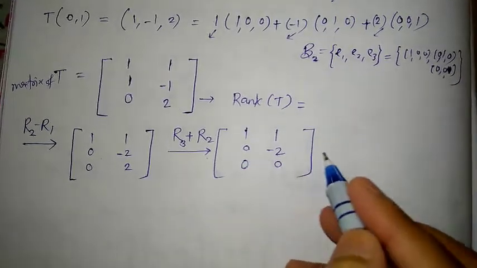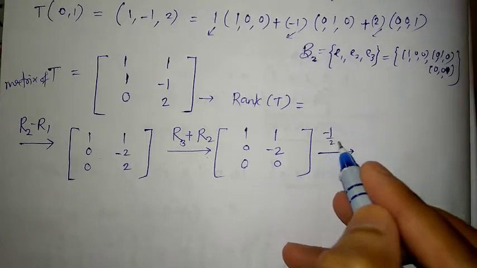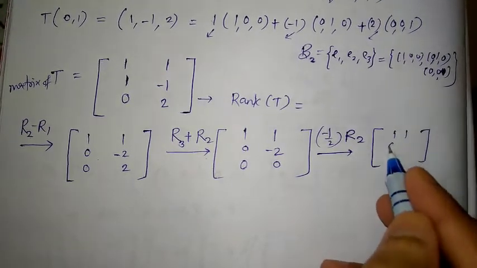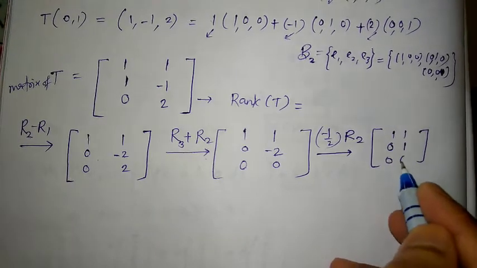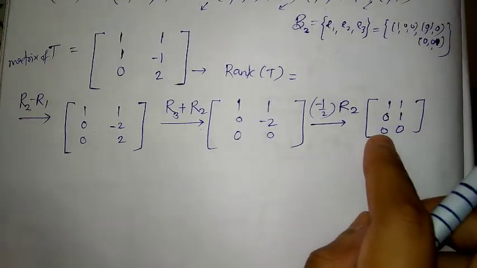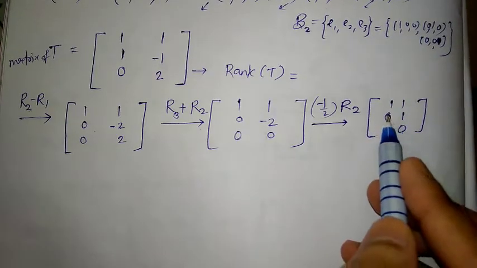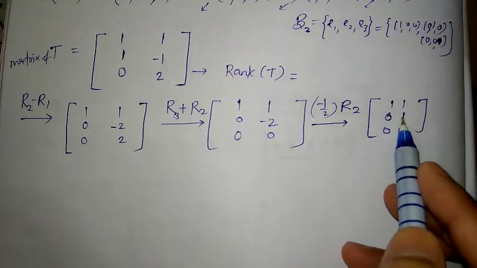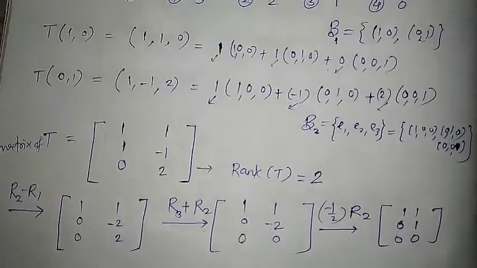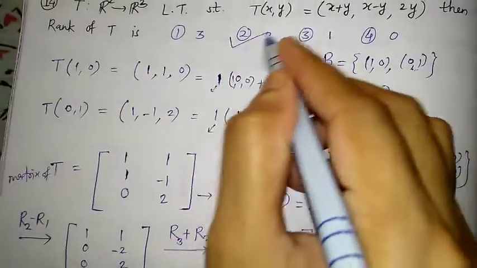So we can just take minus 1 by 2 times R2, and this will be just 1, 1, 0, 1, 0, 0. So this is in row echelon form, and the rank of this matrix is 2 because there are 2 non-zero rows. So rank of T is 2. So this second option is the correct option.